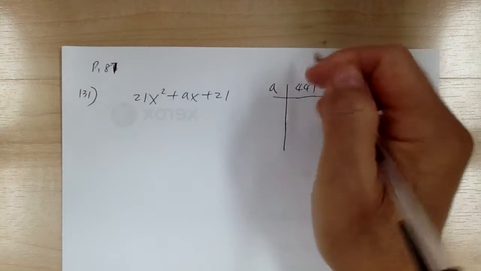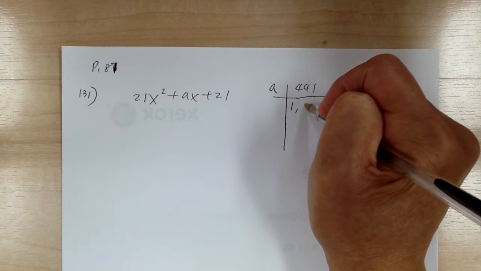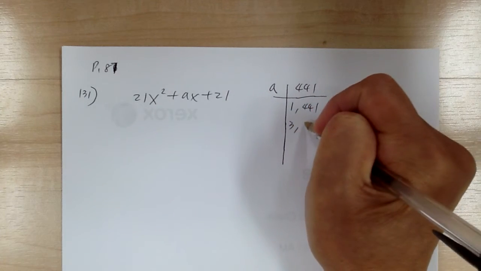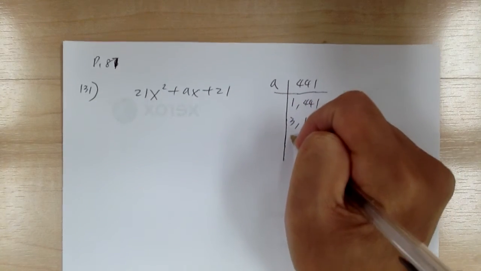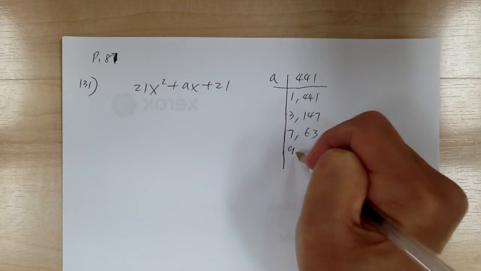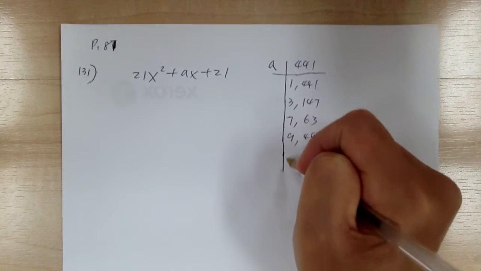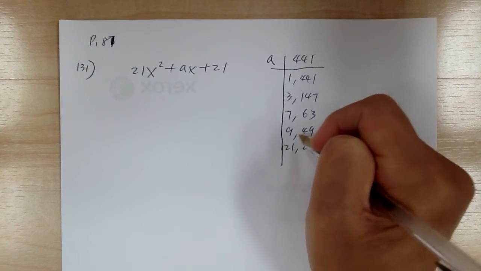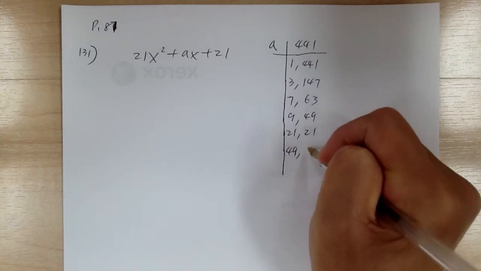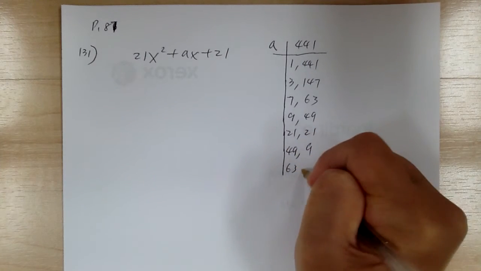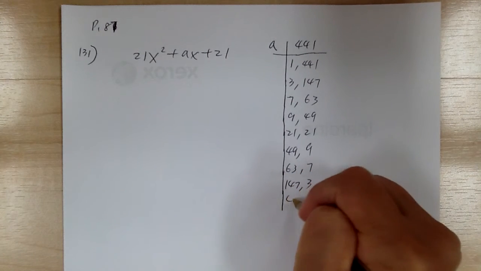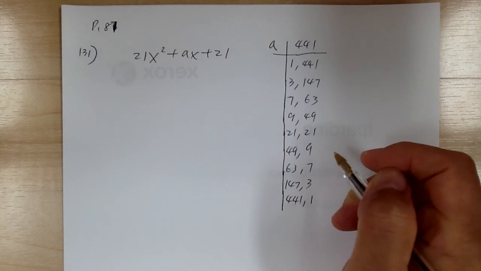If you find all the factors, you're going to have 1 and 441. 2 is not going to work, so 3 gives you 147, 7 gives you 63, 9 gives you 49, and 21 gives you 21. Then just the reversal: 49, 9; 63, 7; 147, 3; 441, 1.